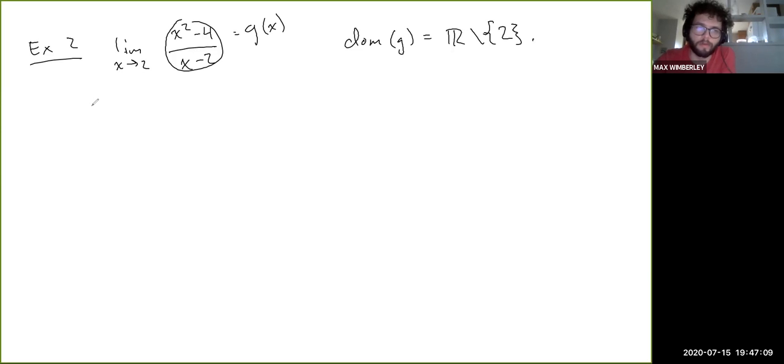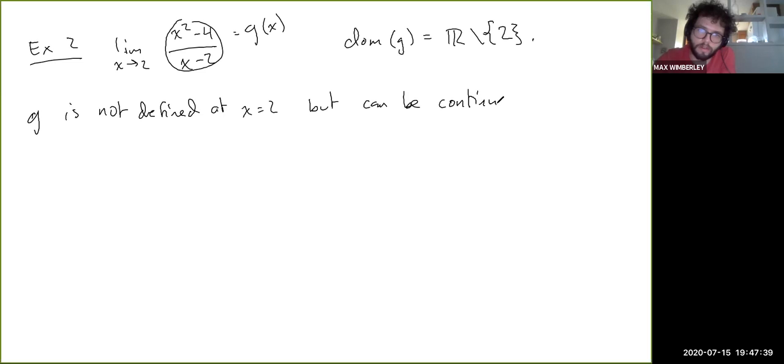Even though, as we'll find out, the limit actually exists. So g could be extended, basically. g is not defined at x equals 2, but can be continuously extended to take a value there.